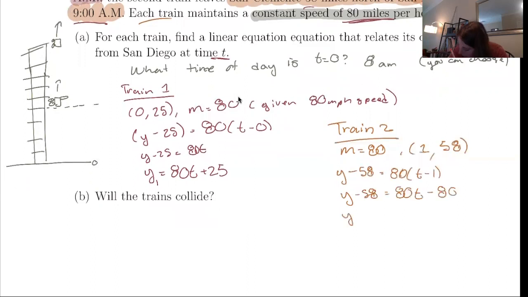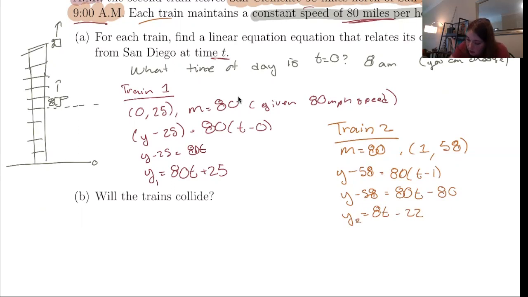So I get y equals 80t minus 22, since 58 minus 80 is negative 22. And we're just going to call this one y2.